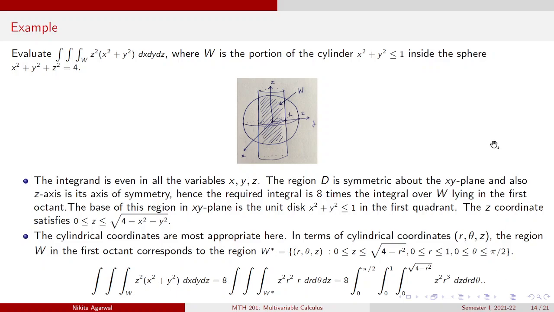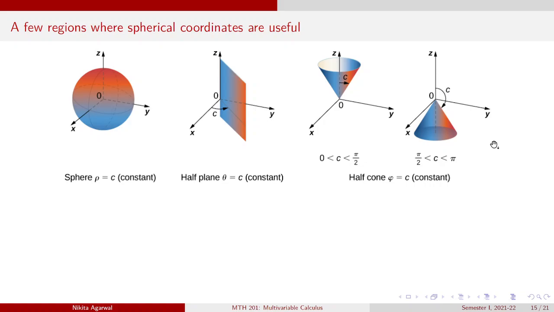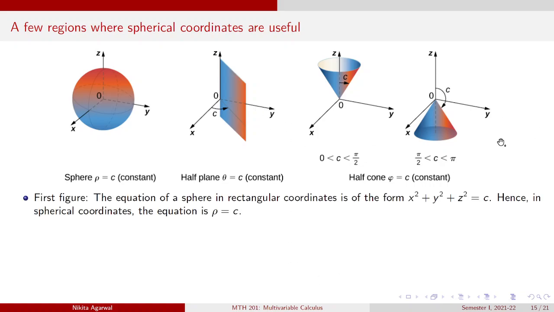Now let us look at a few examples where spherical coordinates are useful. In these pictures, the first figure is the equation of a sphere in rectangular coordinates, which has the form x square plus y square plus z square equal to c. And in spherical coordinates, what is the equation? It's rho equal to square root of c, because this will give you rho square.